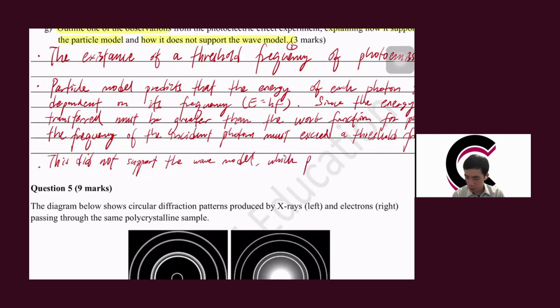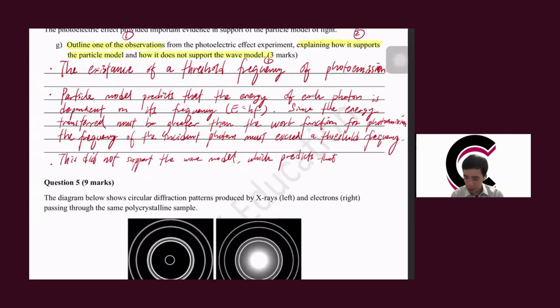So which predicts that the measure of a wave's energy is its amplitude, not frequency.